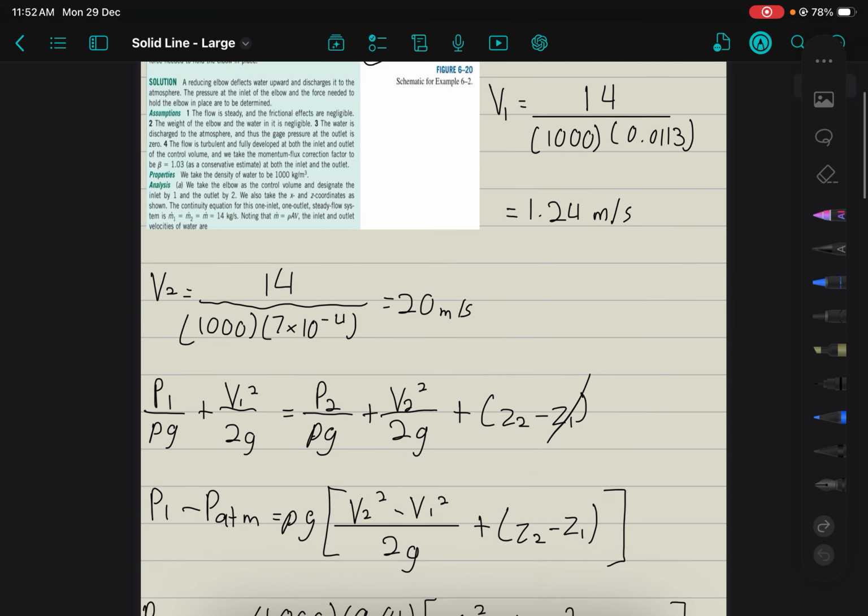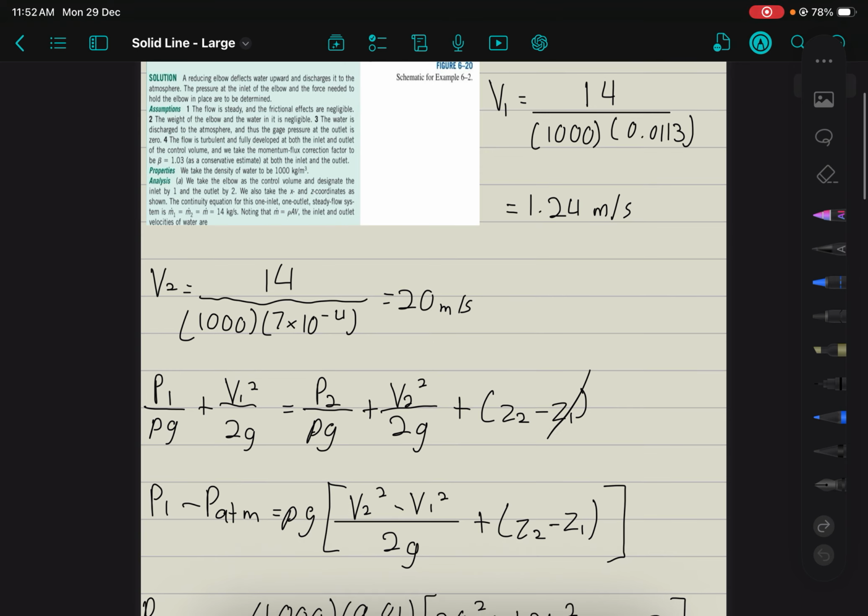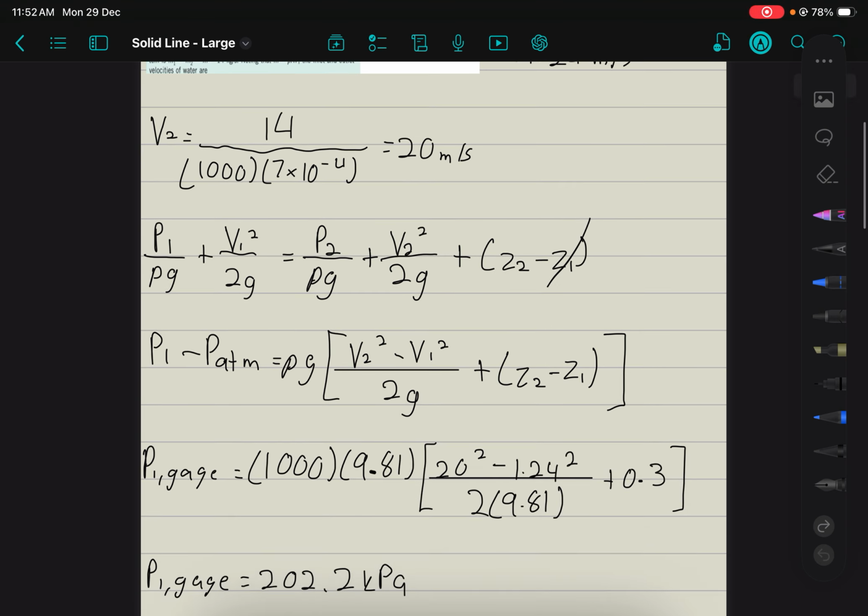Then we go to the Bernoulli equation: P1 over rho g plus V1 squared over 2g equals P2 over rho g plus V2 squared over 2g plus Z2 minus Z1. Then we rearrange the equation and substitute the values.